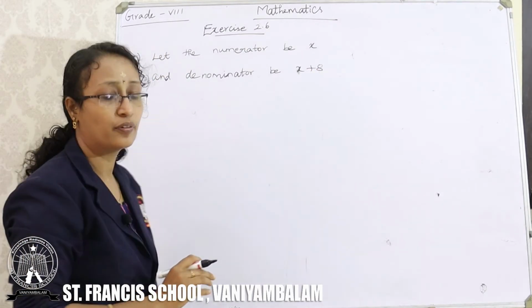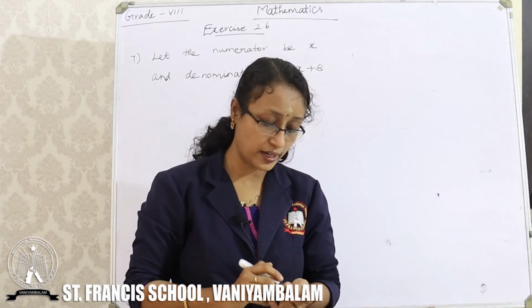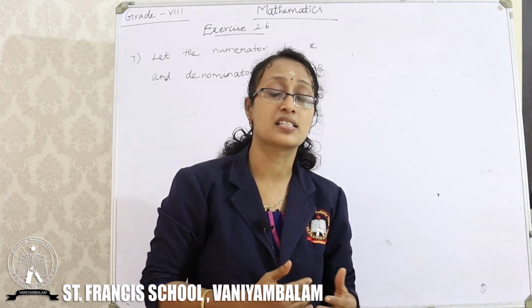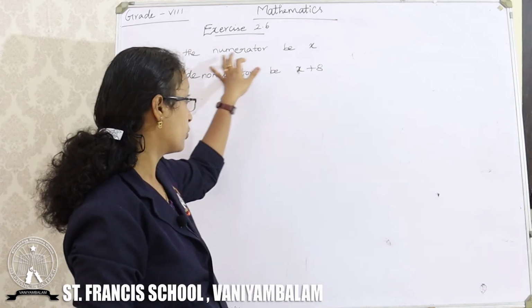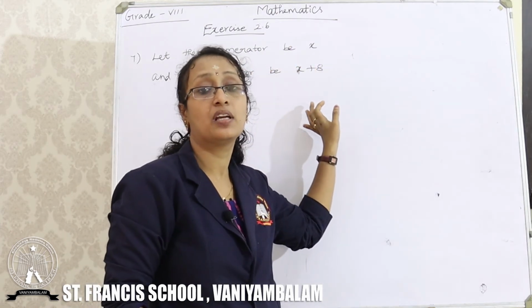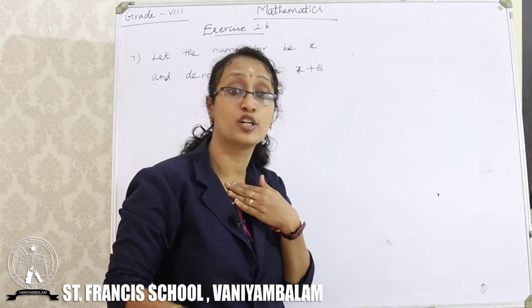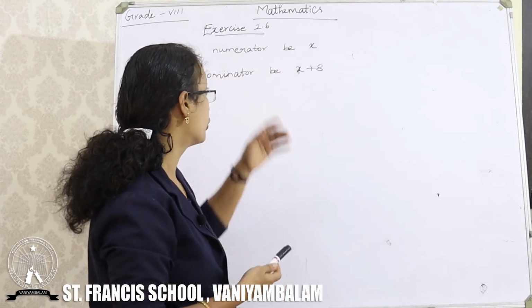So we are going to find the fraction, that is the rational number. The denominator of a rational number is greater than the numerator by 8. So let us take the numerator be x, then what will be your denominator? Denominator will be x plus 8 because the denominator is 8 greater than the numerator.